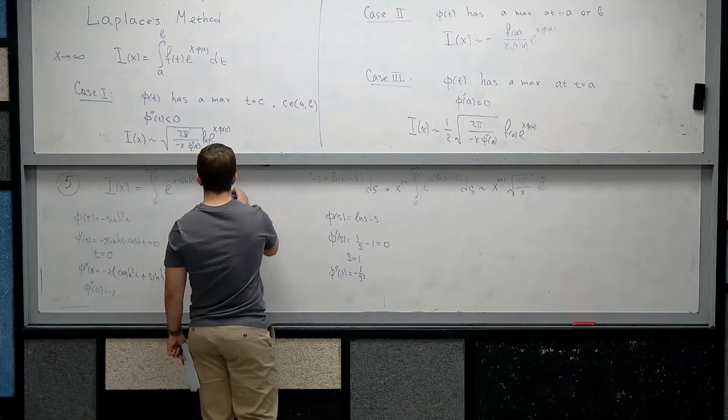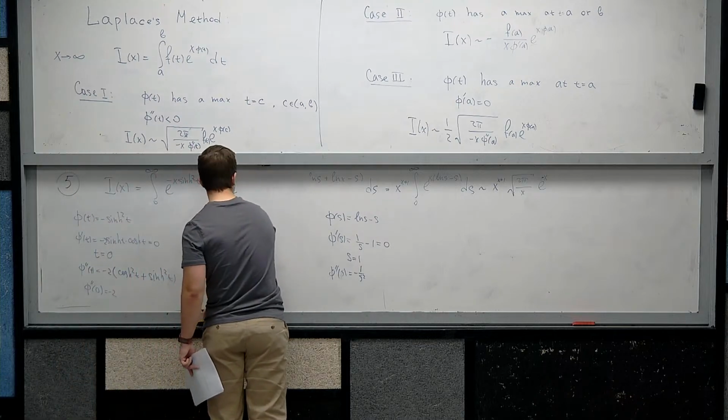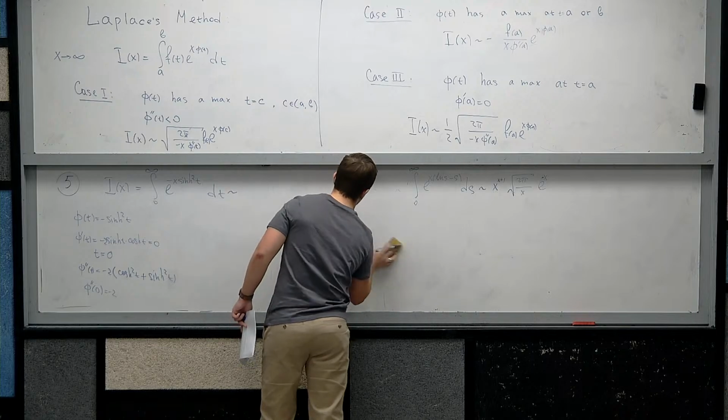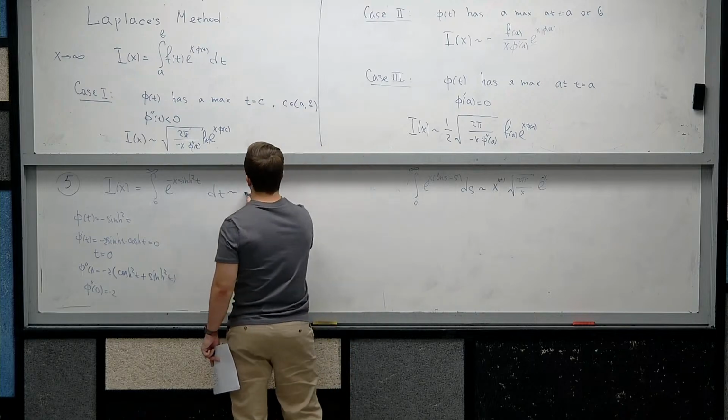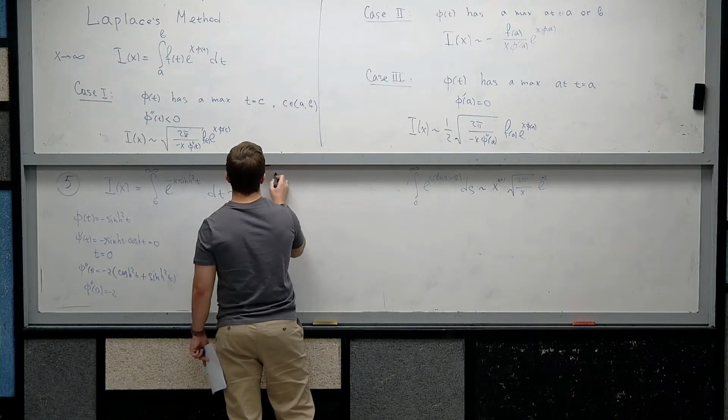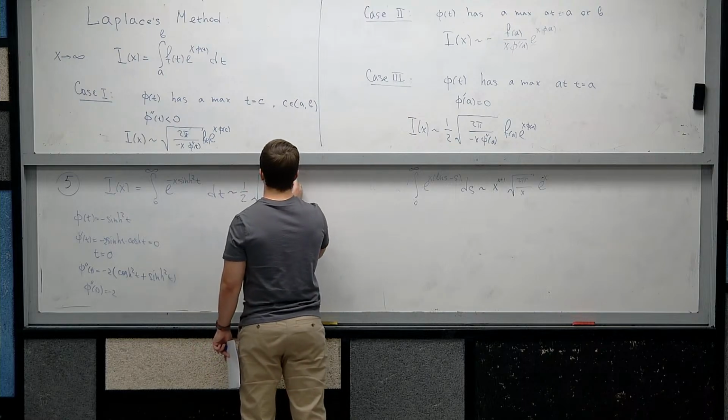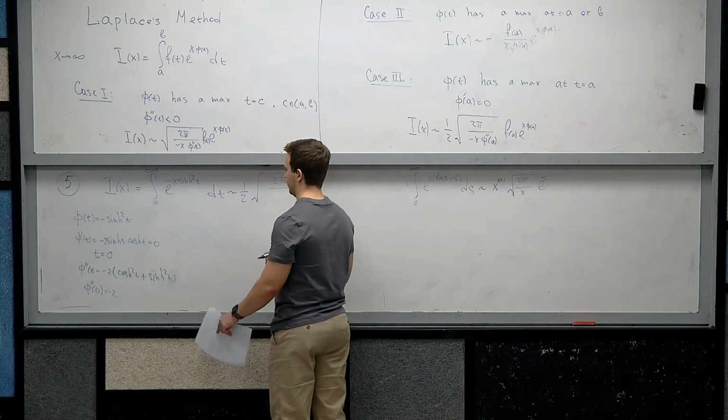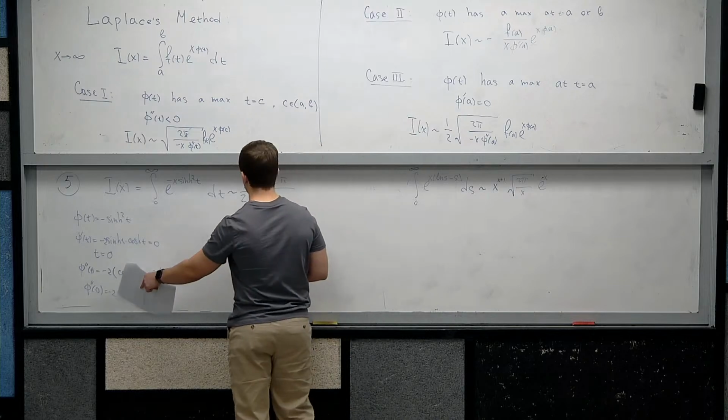So the asymptotics of this integral is 1/2 times the square root of 2π divided by −x times this.